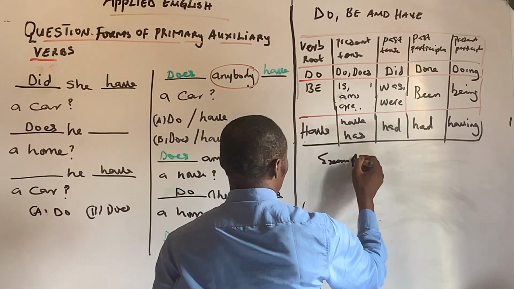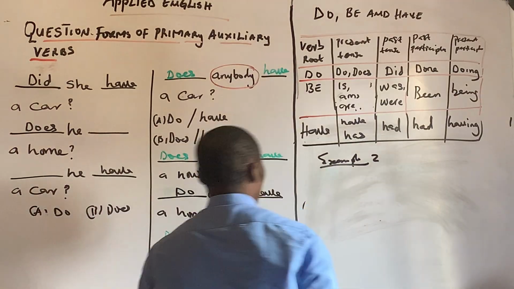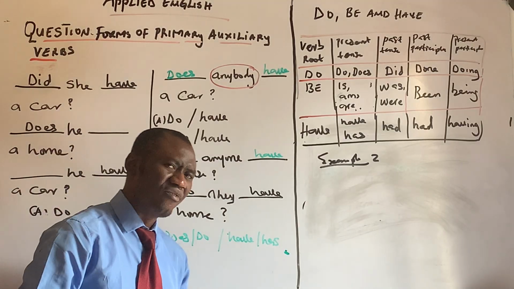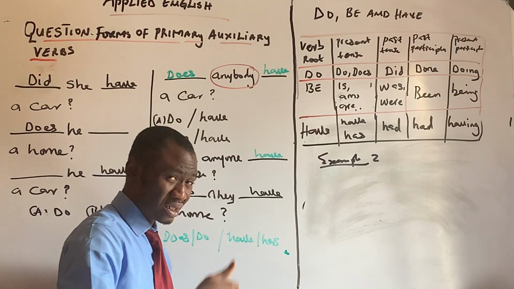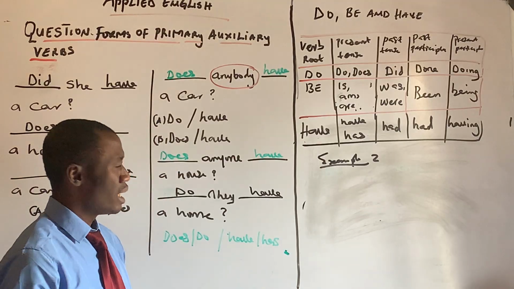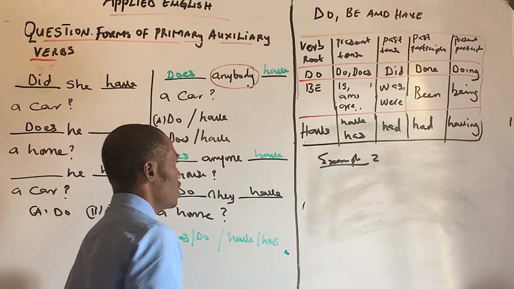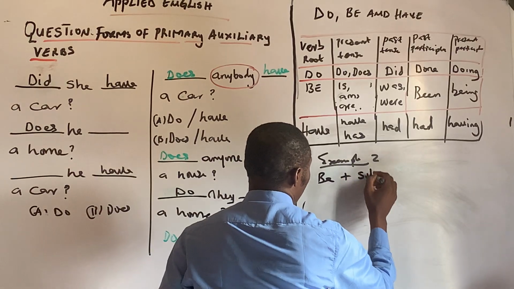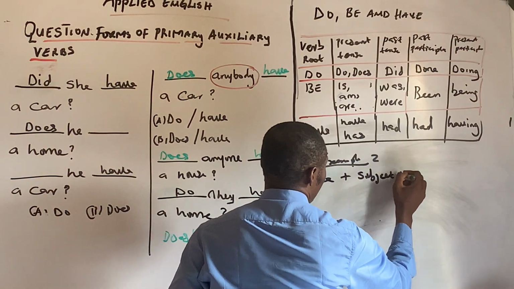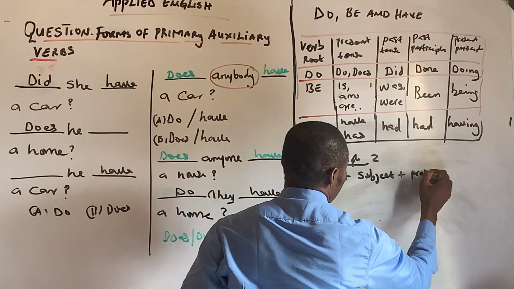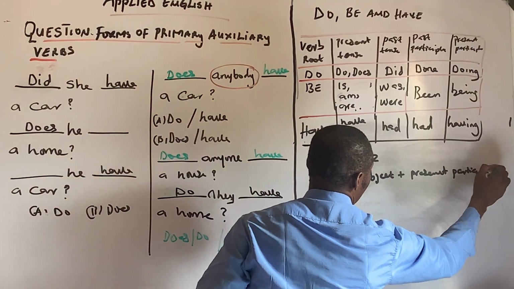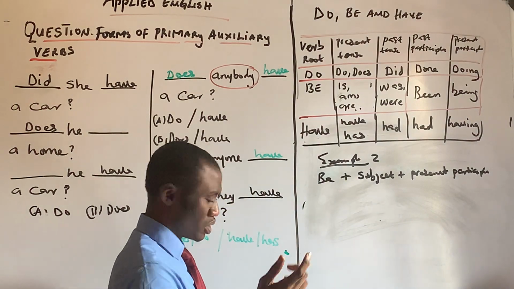All right, so let's go to example 2. For example 2, you can have the verb be plus a subject plus a present participle. Look at the formula: the verb be plus a subject plus a present participle. Now, we'll just give one answer because of time here.